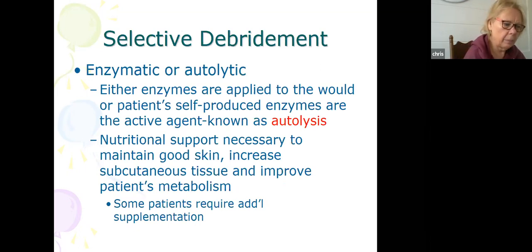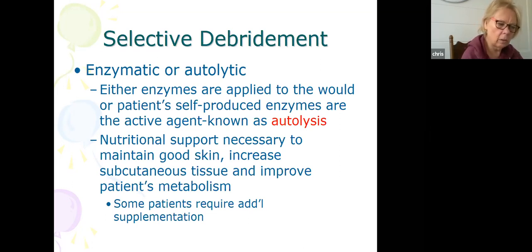Selective debridement can be enzymatic or can be autolytic. And remember, an example of autolytic debridement is we can apply a moisture retaining dressing and change it once a day. The moisture will accumulate, and the old tissue underneath will swell up and separate from the wound.